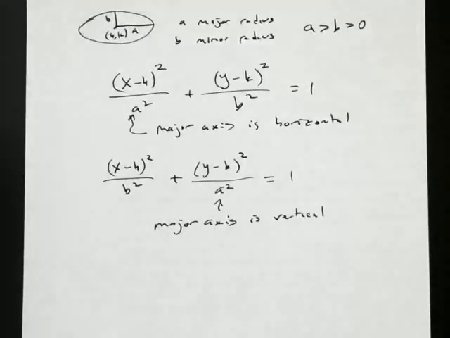So the equations for an ellipse are almost the same as the equations for a circle. We just have to differentiate the scaling, which way is the long way, which way is the short way. It turns out that if you want to draw an ellipse, what you need are those two numbers, A and B. And that defines a box.